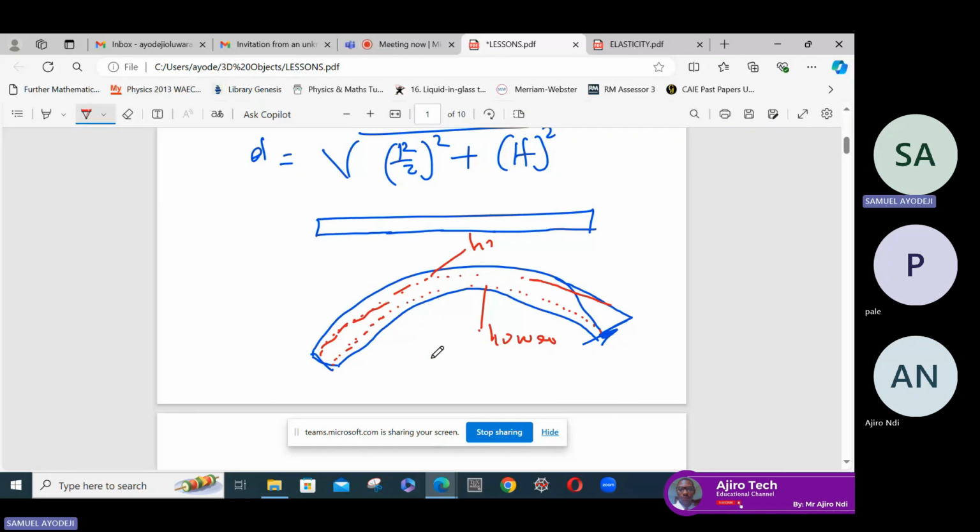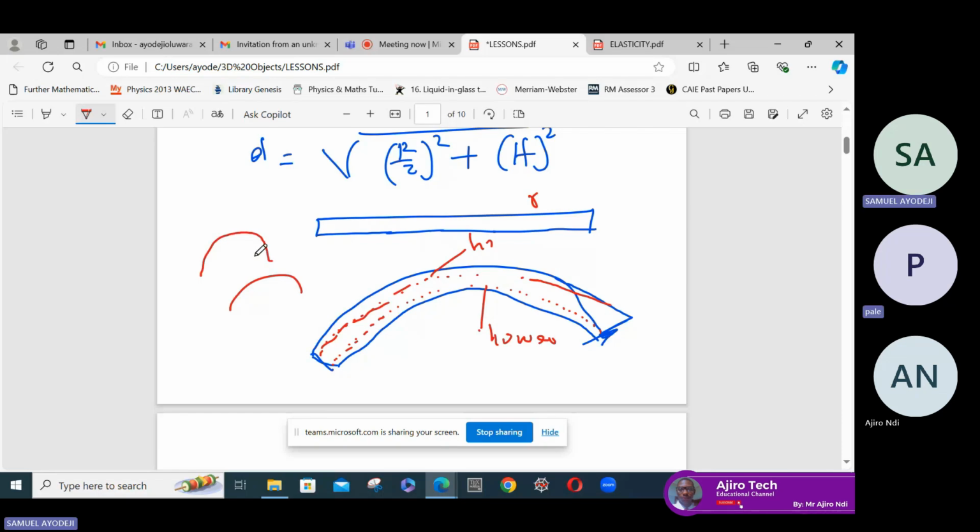Now, if you have a thick rod, let's say thick wood, and one that is not thick like that, the thicker one can break easily when you are trying to bend it, but the one that is very soft can bend a long way before it breaks.